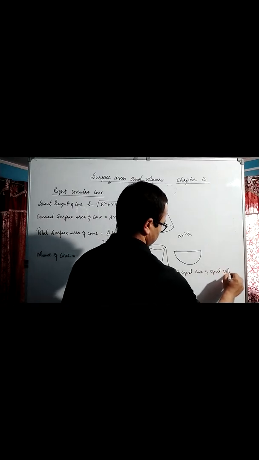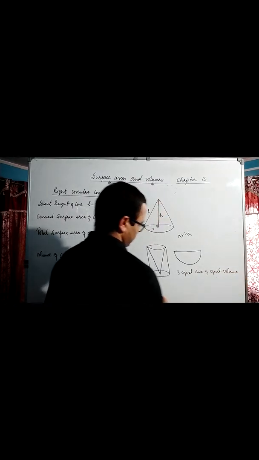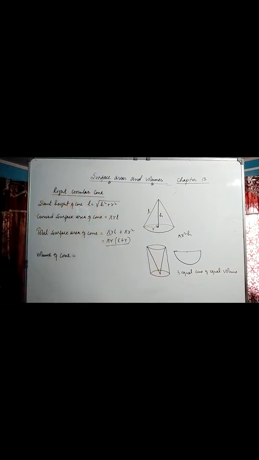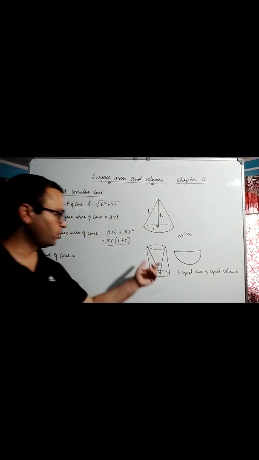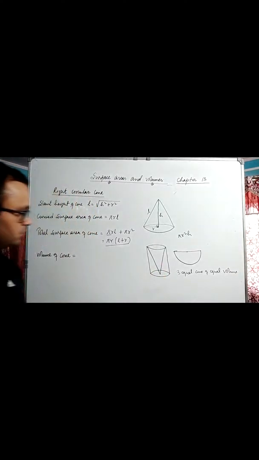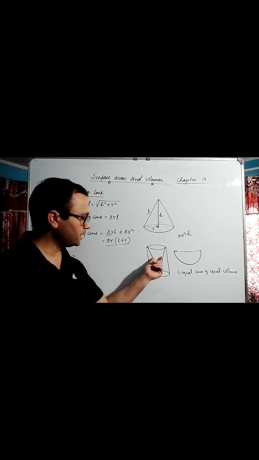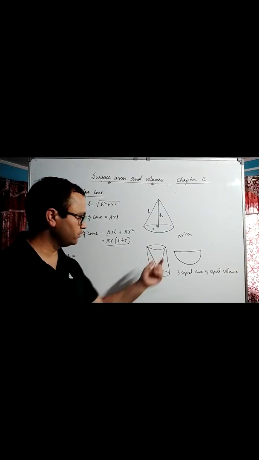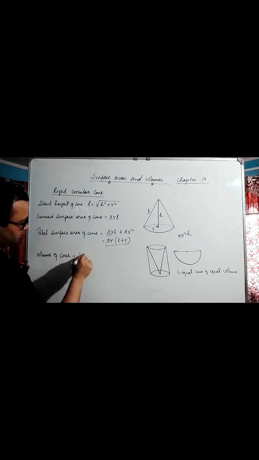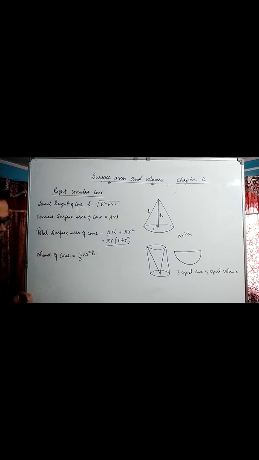Means one cylinder has 3 volumes of cone. So one cone has 1/3 of volume of cylinder. So this is 1 by 3 pi r square h, the volume of cone. Now the next part is sphere.